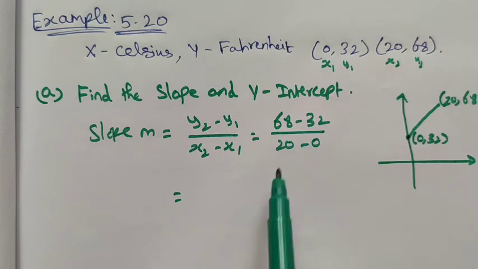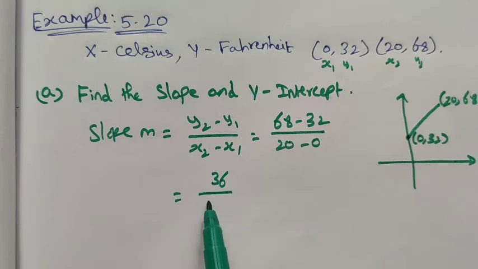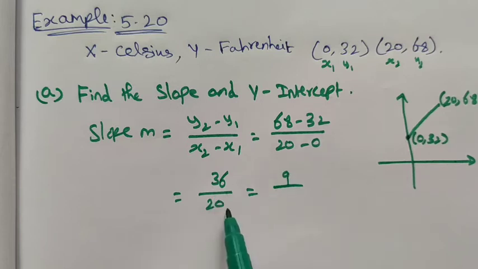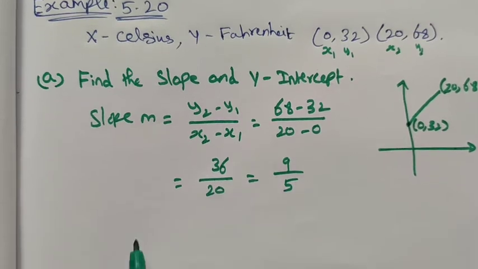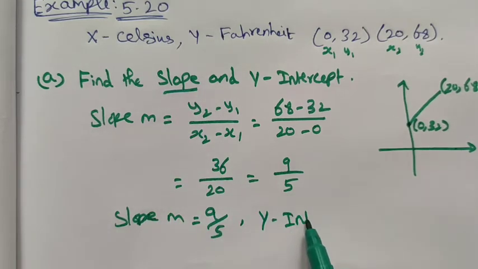If you substitute this, we get 36 divided by 20, and again it will be reduced: 4 9s are 36, 4 5s are 20. So slope m is equal to 9 by 5. That is the slope.